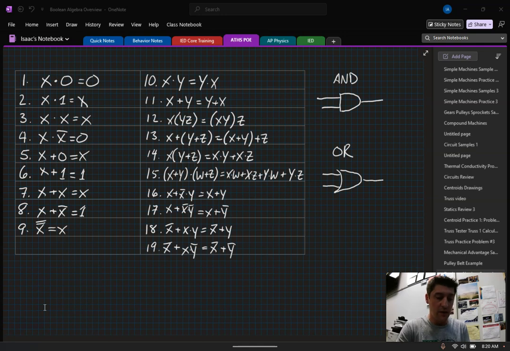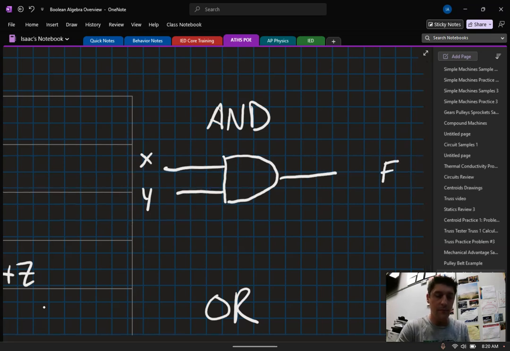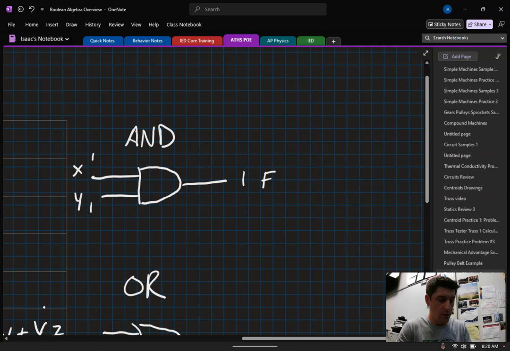So if we take a look at this AND gate here, we can apply this and help our understanding. So let's say that we have an input x and we have an input y and we have an output that we'll just call f. By definition, an AND gate requires that both x and y are 1 in order to create an output of 1.